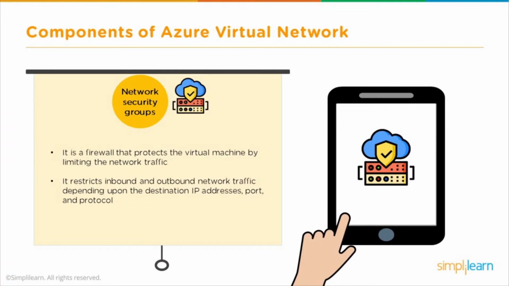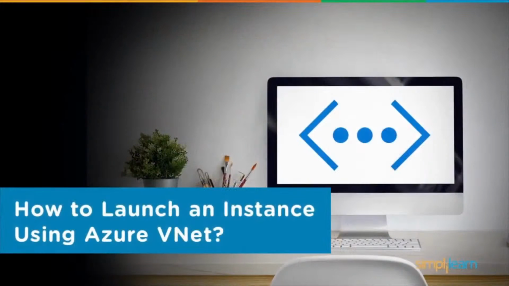How you want to open up the ports, and for which IP addresses, is something the end user or administrator has to specify or design. So they act as firewall rules that protect the virtual machines.